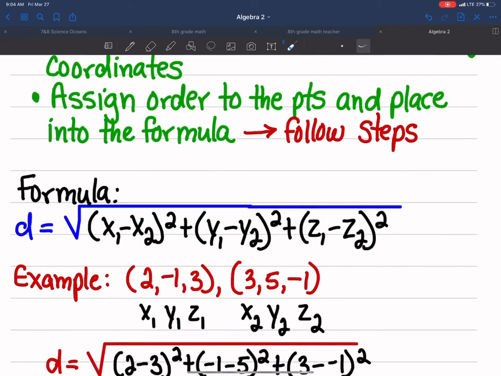I write it down because I don't have the greatest memory in the world. This is x1, y1, and z1, because this is point 1. This is x2, y2, z2, because this is point 2. Simple as that.